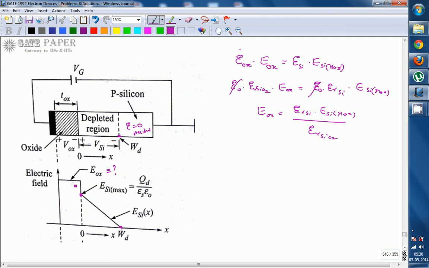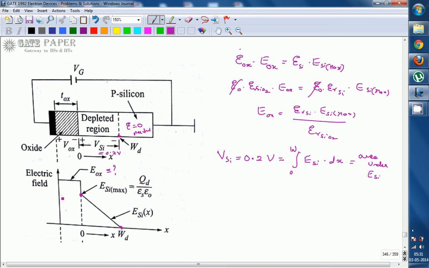We know that V_Si, the voltage across silicon, given as the surface potential, is 0.2 volts. Voltage can be calculated as the integral of electric field, E_Si dx, which is simply the area under E_Si.